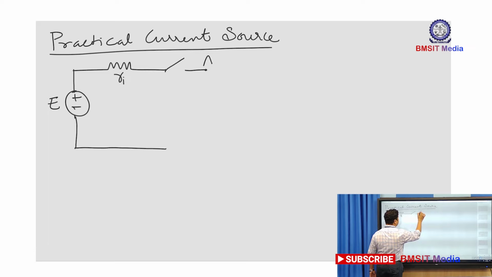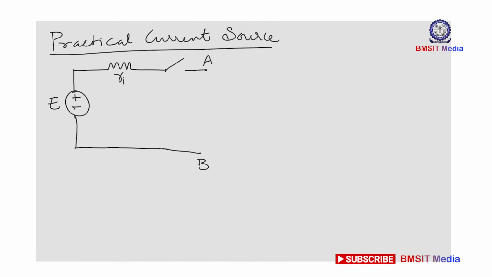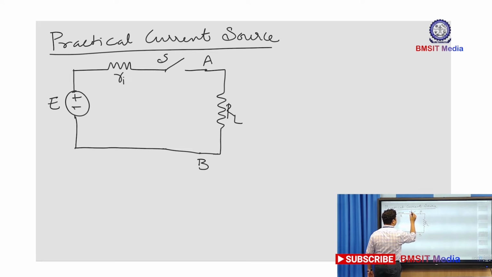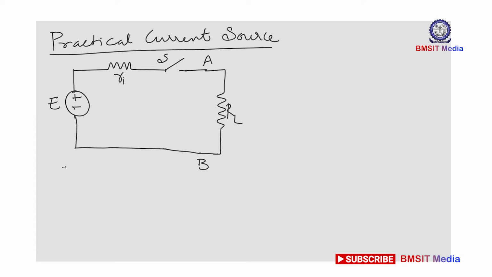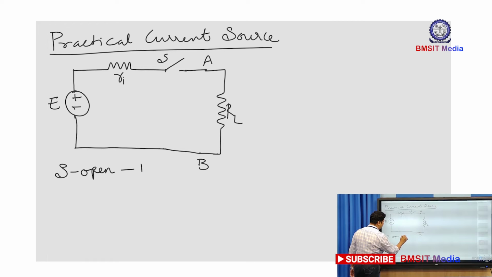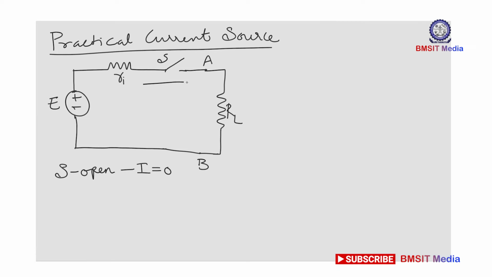Let A and B be the load terminals. Let this be the current I. Now, when switch S is open, my I is 0.